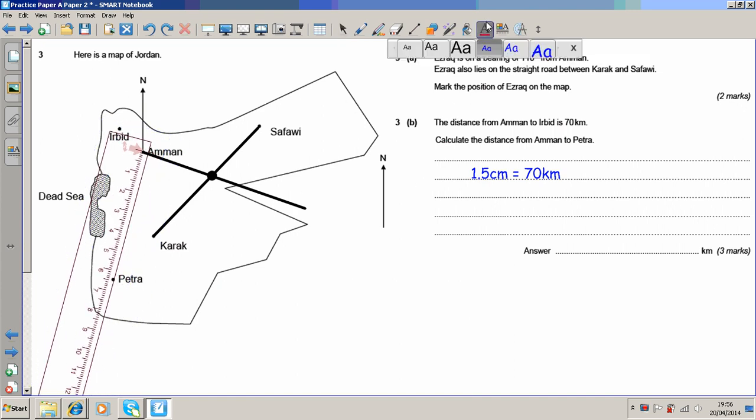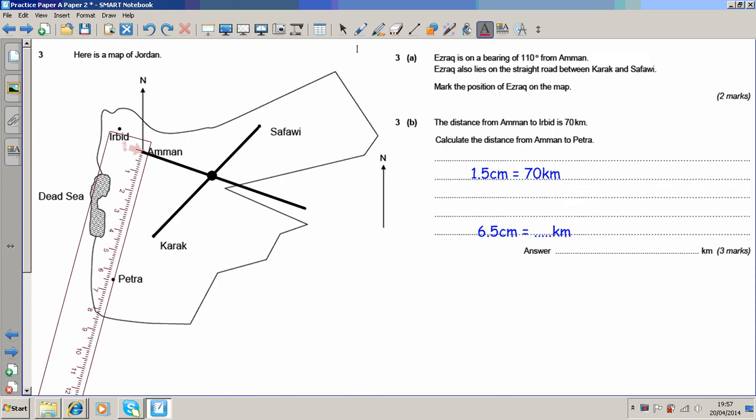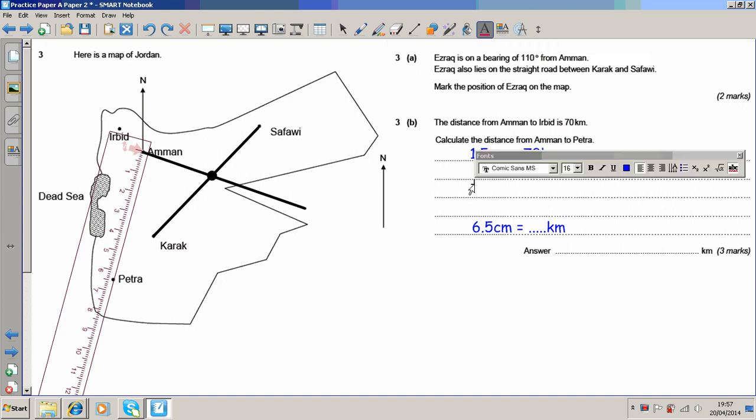So that is 6.5 centimetres equals the number of kilometres. Alright, so how am I going to get from this to that? Well, the way I would do it is I'd go down to 1 centimetre.